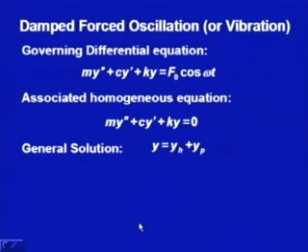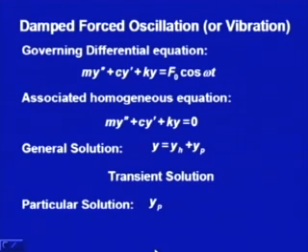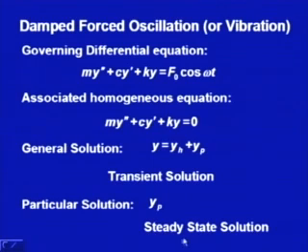The homogeneous solution is called the transient solution and the particular solution yp is called the steady state solution. The term steady state means it would remain as such, and the vibration or oscillation would go on. So, let us see all these things with the help of the example.